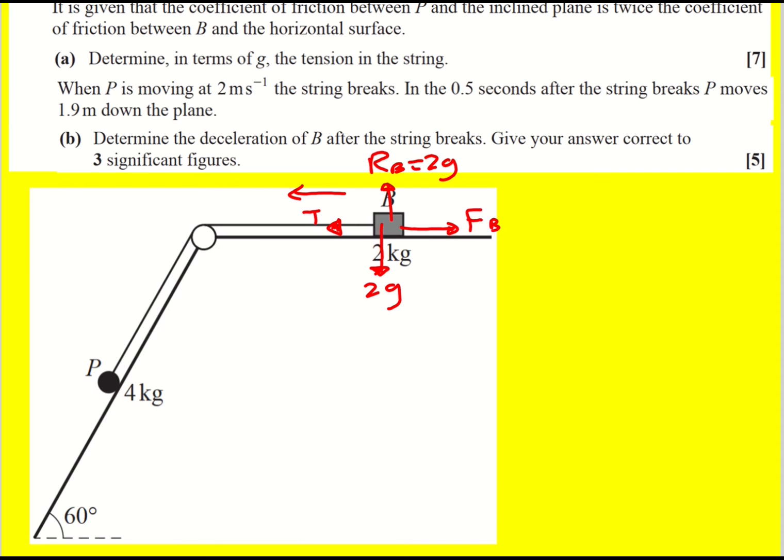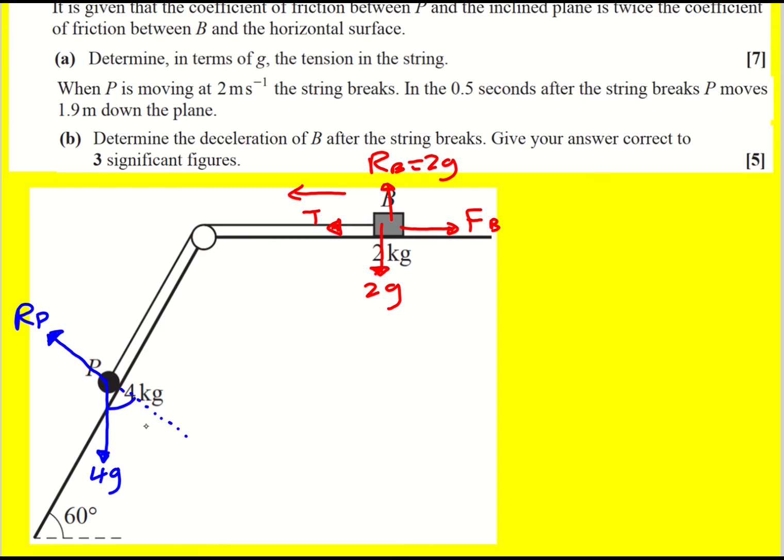Let's look at the forces applied to P. Again, the weight acting down. It's going to be 4g. A normal reaction force that's perpendicular to the slope. I'm just going to call that RP. That's not going to equal the weight because they're not going in opposite directions.